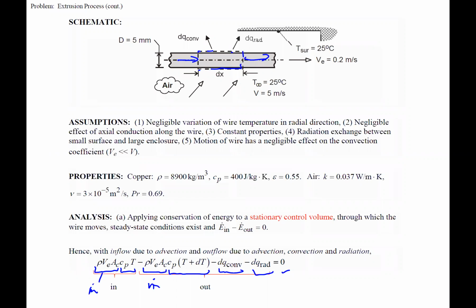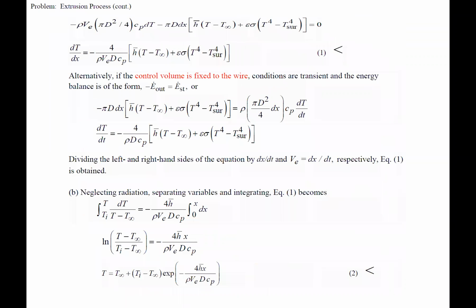All right, so then if we multiply this out, we'll end up seeing that this cancels, and we'll just have this dT. Okay? So that's what you see here, the negative with the dT. Then putting in Newton's law of cooling, radiation, and our surface area right here.